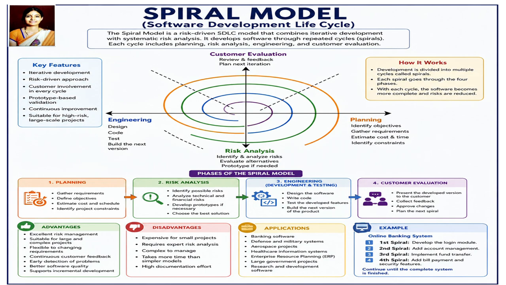Continuous customer feedback is also an advantage, where one of the elements is customer evaluation. This is kind of prototype-based validation, and it is best suited for large and complex projects. Spiral models also give better control over high-risk projects.